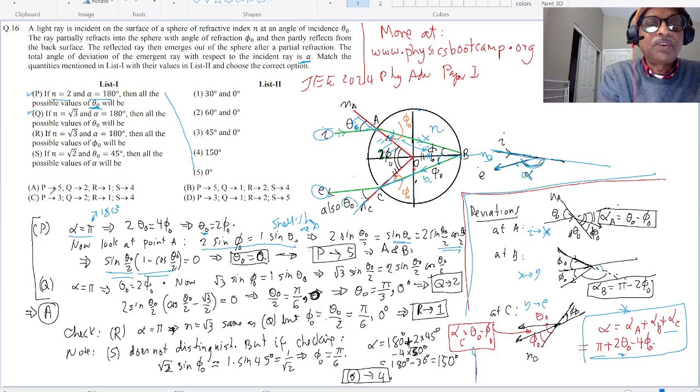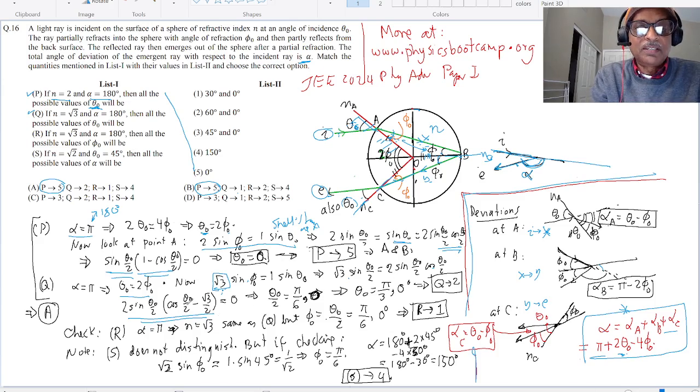If you look at this, A and B are the only choices I need to look at, so you can distinguish A and B from the Q value alone. You don't need R and S. For Q, alpha is pi again, but now the refractive index is square root of 3, and you work it out the same way with half angles. This is the condition on theta 0.